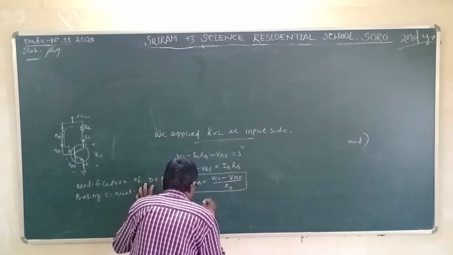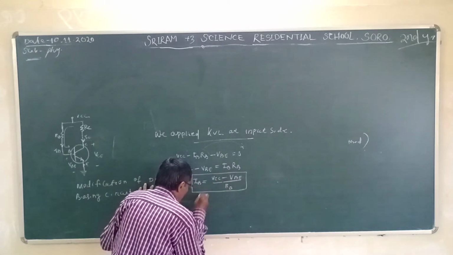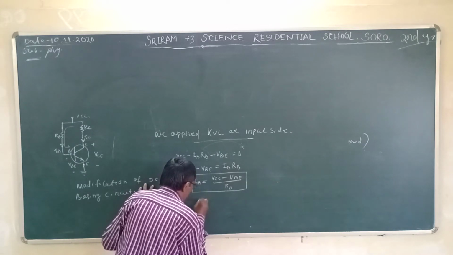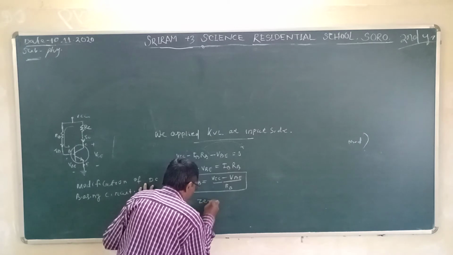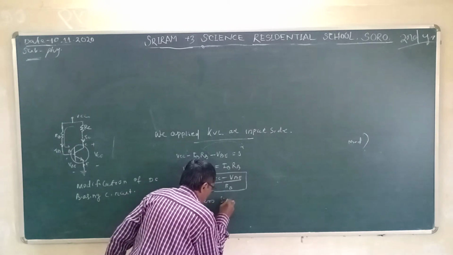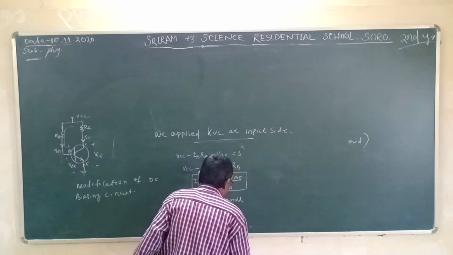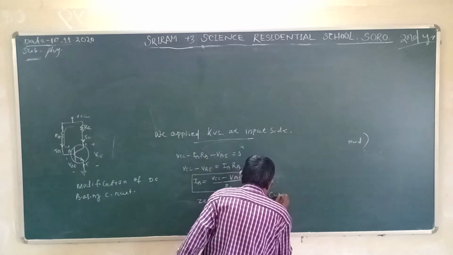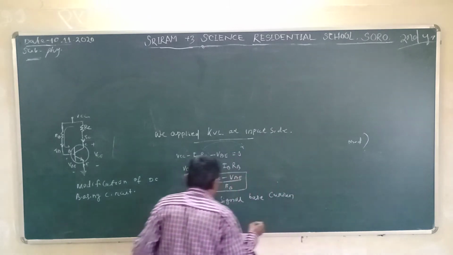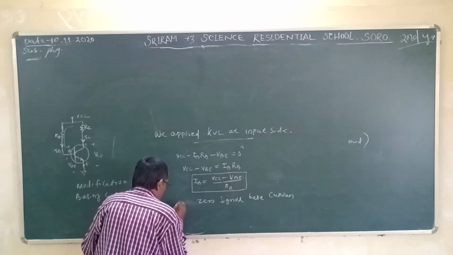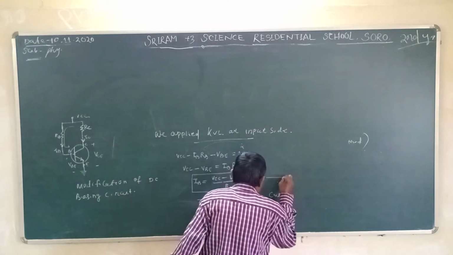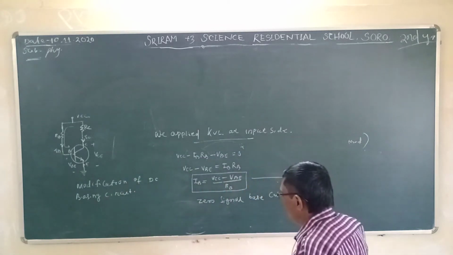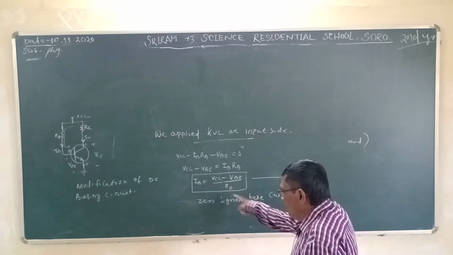So we can write this current as IB0, the zero signal base current. So that is equation 1. This is called the zero signal base current.